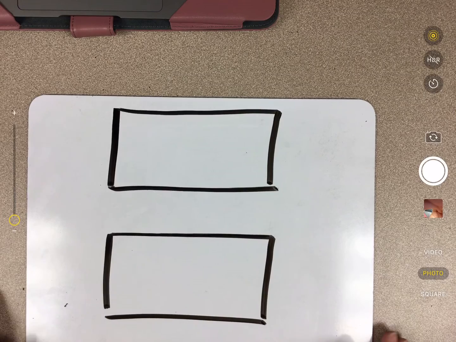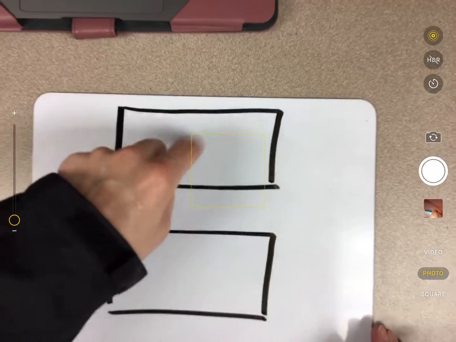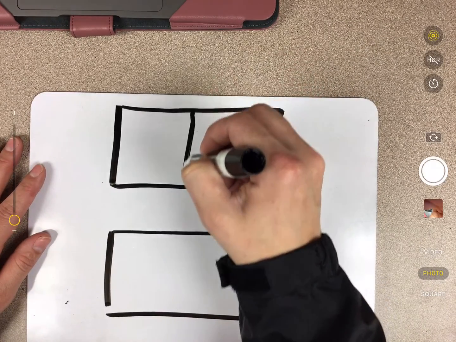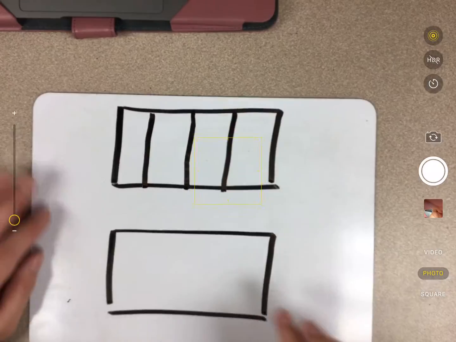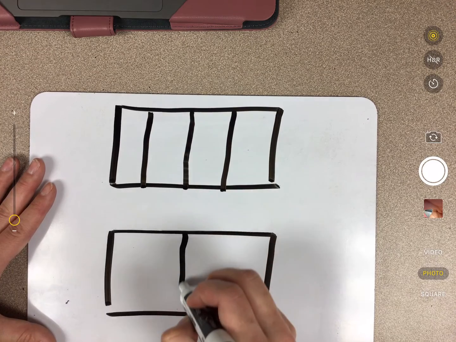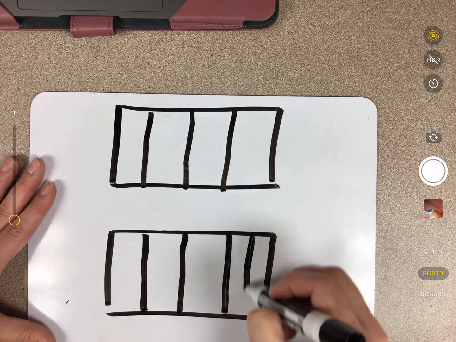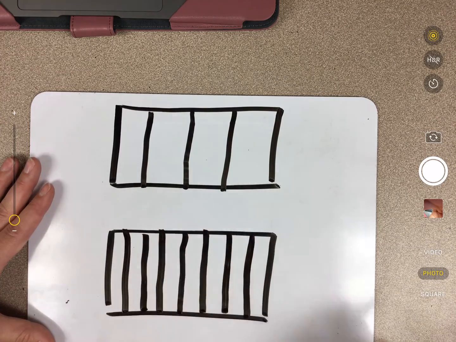And then I need you to partition this rectangle into 4 equal parts, just like this. Then I want you to partition this one into 8 equal parts, just like that.